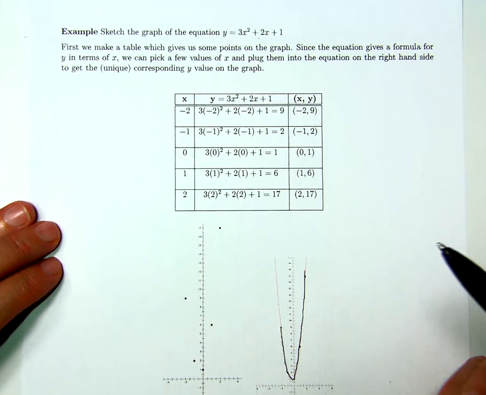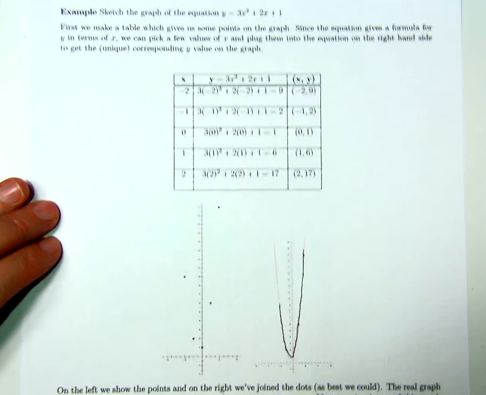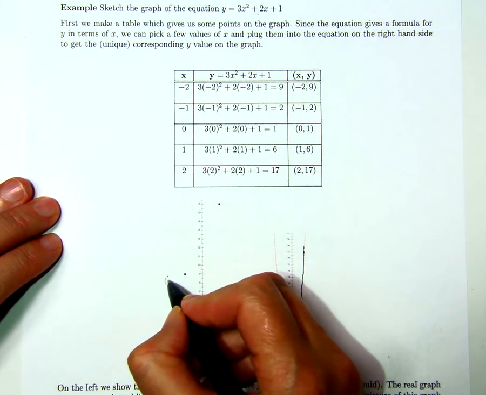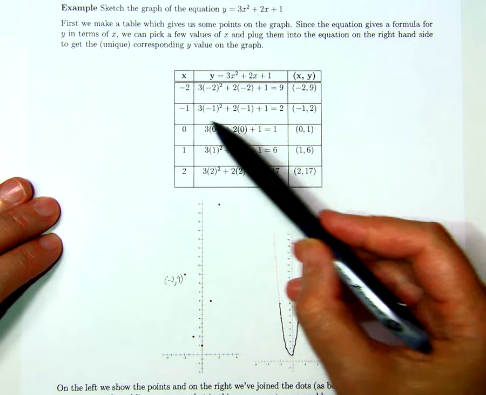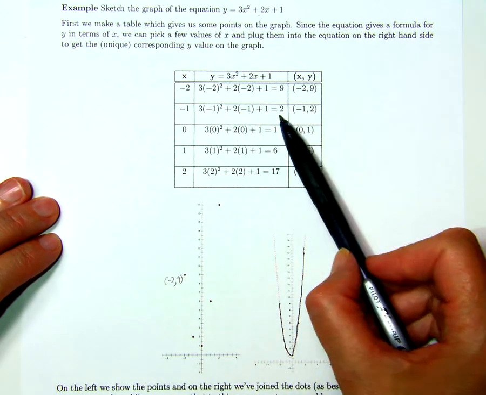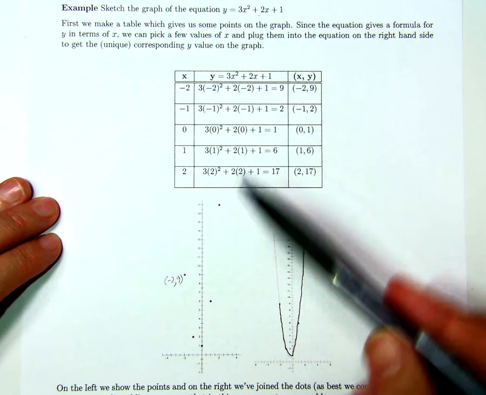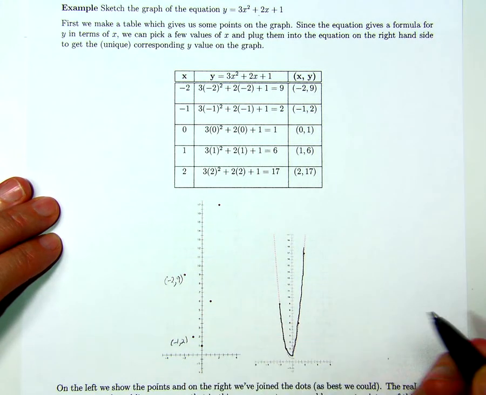So I can plot that point. I have the point (-2, 9) here, I've plotted it. It's right here. If I take x equal to minus 1, then y is given by this formula, and y must be 2, so the point (-1, 2) is on the graph. So I plot that point.